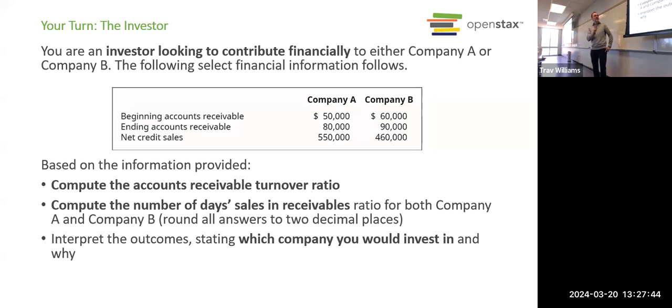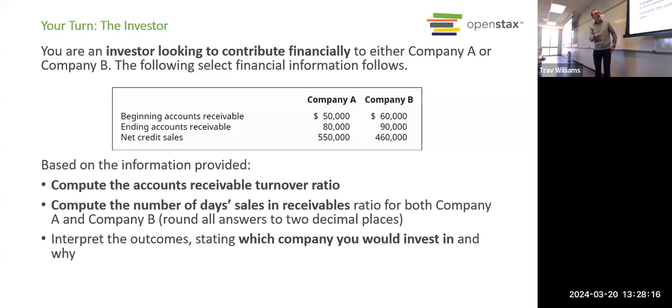in. Okay? So the first thing you have to do is figure out the average accounts receivable. In this case, they're nice round numbers. If we look at company A, beginning and ending, what is the average here? $50,000 plus 80,000 divided by 2, what do we get? 65,000?